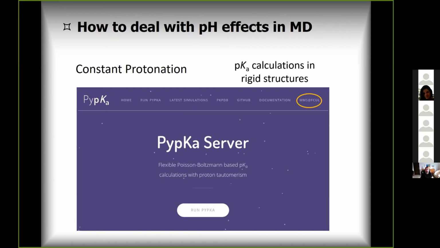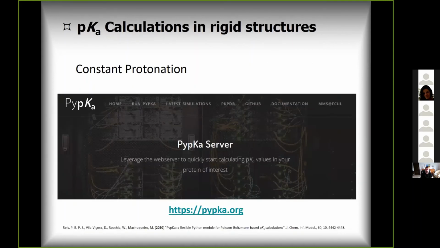And this will give you all the settings that you need to change to run a very good estimation. Well, it doesn't do a miracle, because if your initial structure is not good enough, then you will have strange pKa values, of course. This is the address, it's quite easy, pypka.org. And this is the paper.